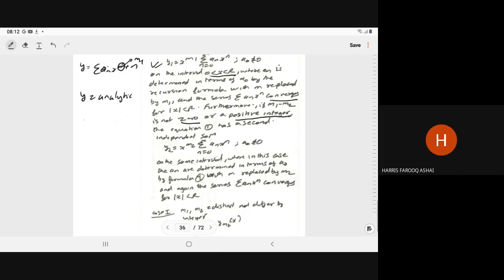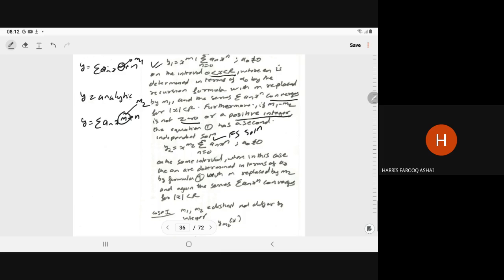You can compute it as y equal to summation a_n x to power m plus n, and just put m equal to m2. For m2 you will get the second linearly independent Frobenius series solution.